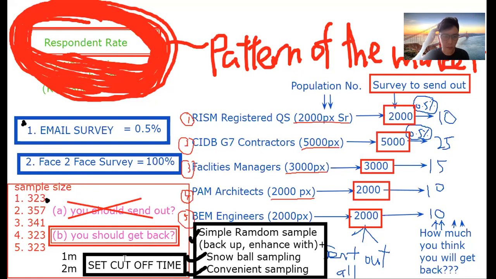So it is reasonable. A degree student who has 9 to 10 months to do their thesis takes 10 to 20% of the time, 1 to 2 months, to collect data. Setting a cutoff time is reasonable, and he or she already did their best to send out 2,000, and from this 2,000, you only get back 10 because email is like this.